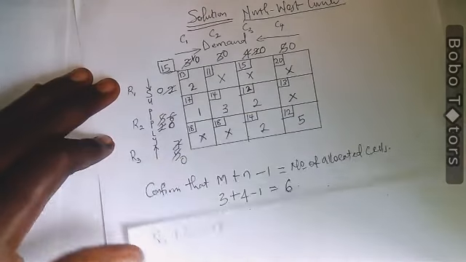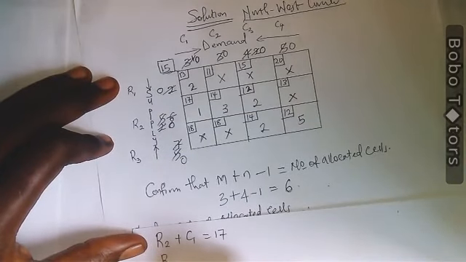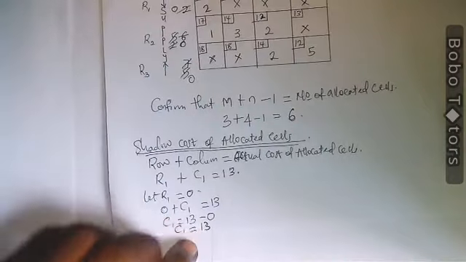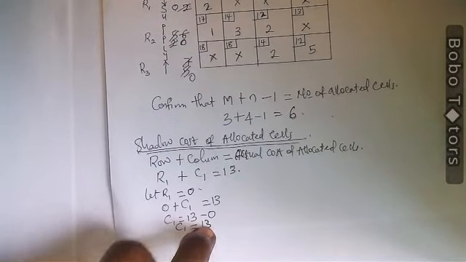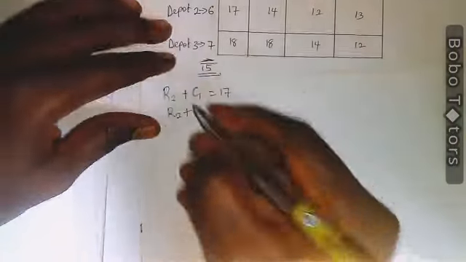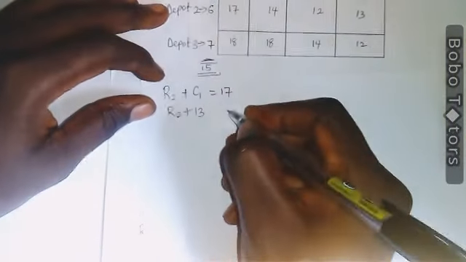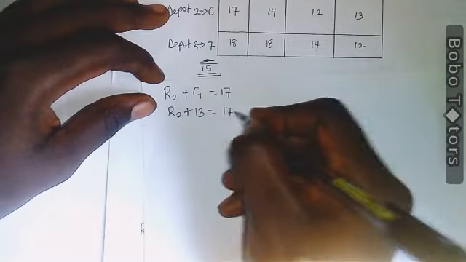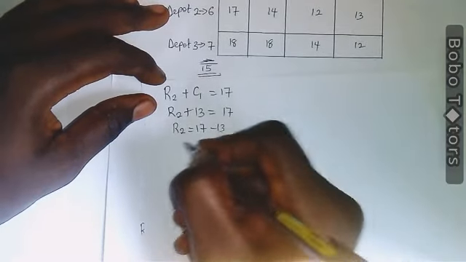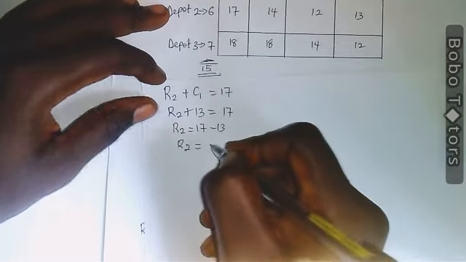I do not know my row 2, but I know my column 1 to be 13, from what I've solved earlier. So you write row 2 plus 13 is equal to 17. Hence row 2 is equal to 17 minus 13. Row 2 is equal to 4.